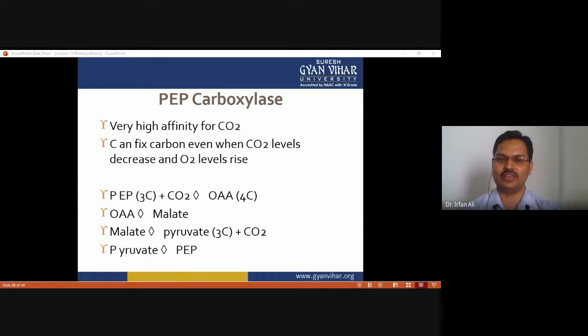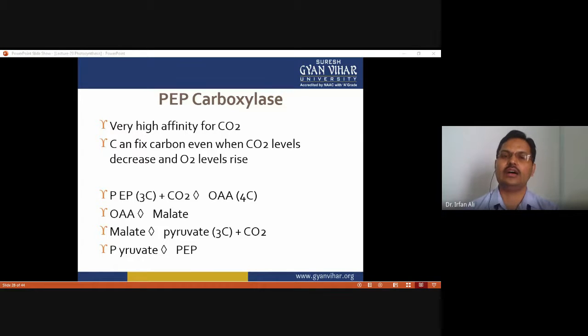This enzyme has very high affinity for CO2 and can fix carbon even when the CO2 level is low and the O2 level is high, because this enzyme has no affinity for oxygen.